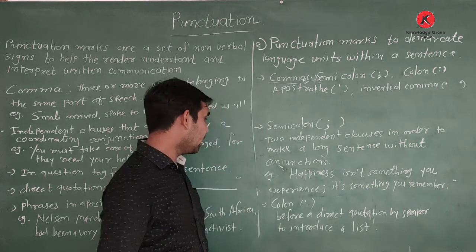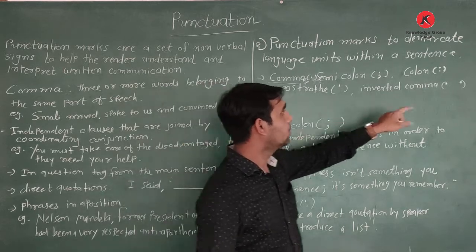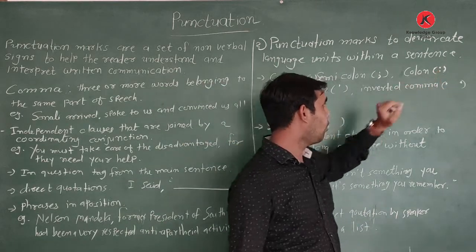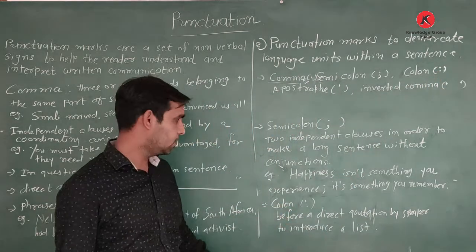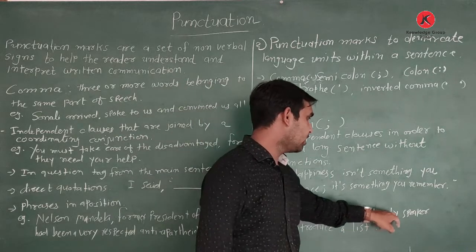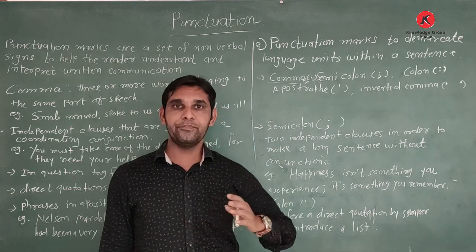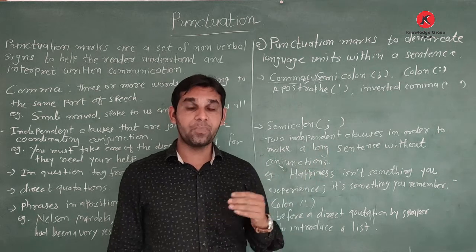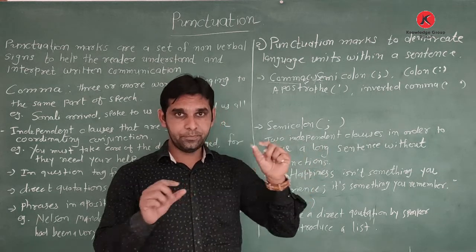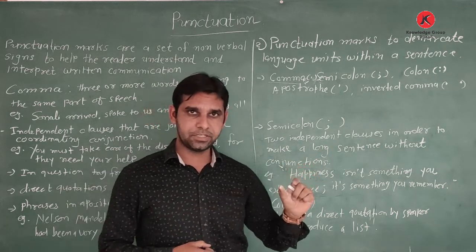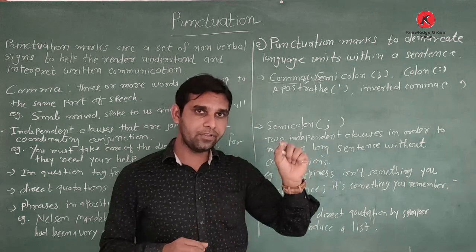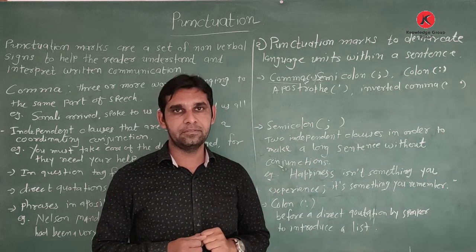Okay? Then comes to the colon. Colon symbol, two dots in a row. See? Colon, where we use it before a direct quotation by a speaker. Okay? If in the Gita, Ramayana, Mahabharata, or in the Bible, the same speech, same words are spoken, then we use the colon there. Okay?